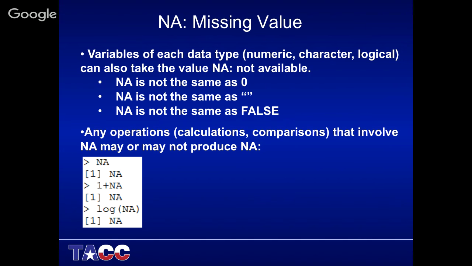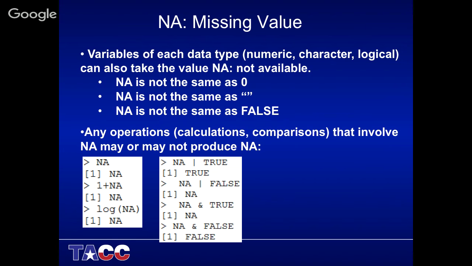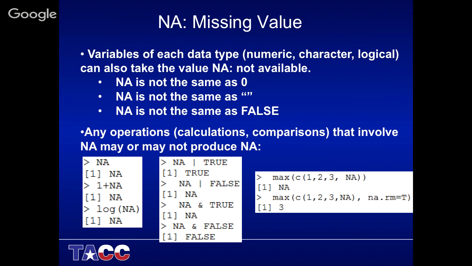In the example where we tested this out, these are the results of these operations that would usually just lead to not available again. Same with the Boolean. And when you have a collection that has not available, we're looking at this max function right here that's trying to find the max of 1, 2, 3 and a fourth variable that we don't know the value of, and so that leads to an undefined result.